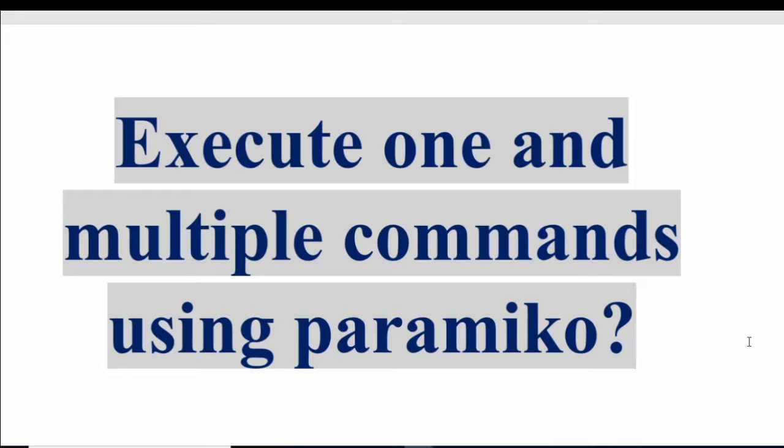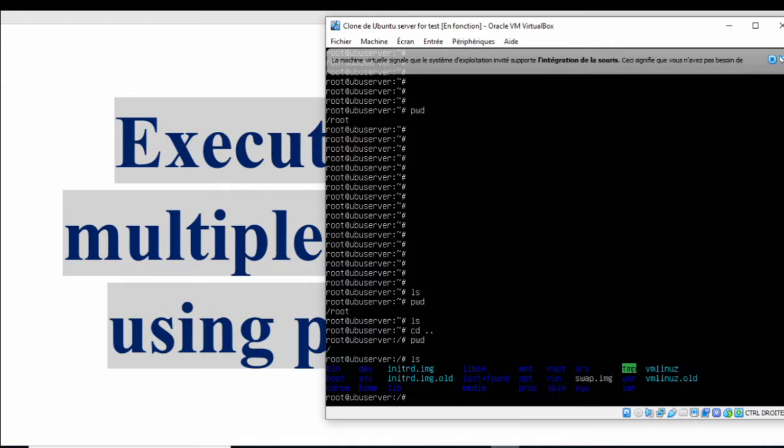In our last video we have seen how to write code to SSH a remote server using Paramiko. So today we are going to use the same server, and here it is, our Ubuntu server.